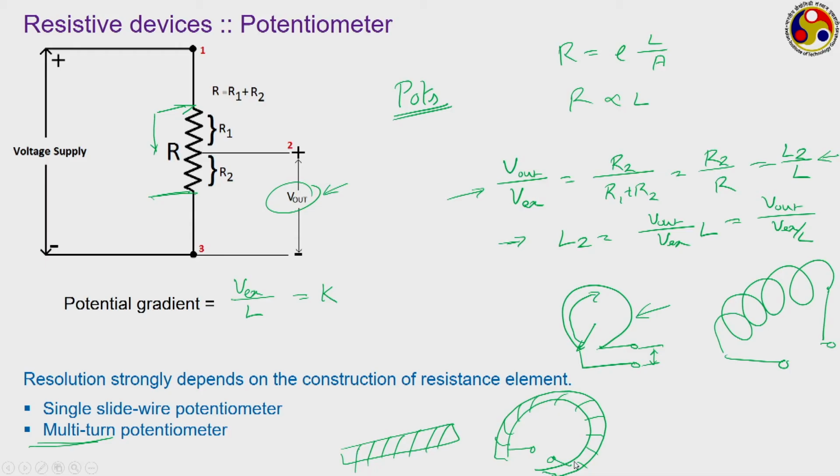As the contact moves over this, at a particular instant the contact may be touching this particular element, and the next instant with small rotation it is touching this one. Now, from the first turn to the second turn, it is not a linear change, but there is a certain portion of the coil the slider is not at all coming in contact with.